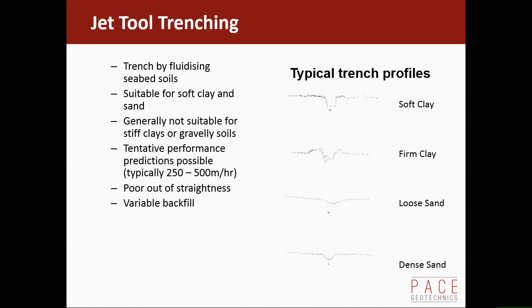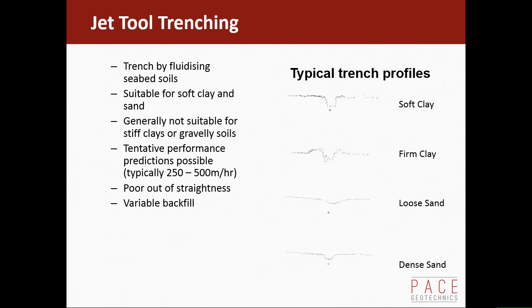In firm clay, we can't break it up as much, and you can see that sort of shape. You haven't cleared the clay out from between the jet legs properly, and there's lumps of clay being pushed up just to the side of the trench, and the cable or the pipeline hasn't gone that far down in the trench.